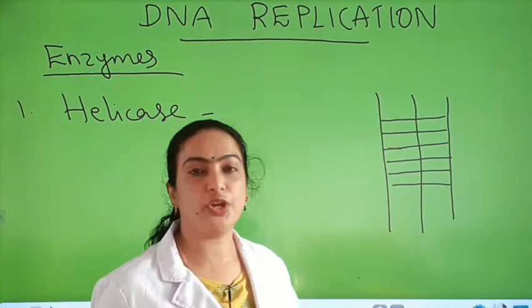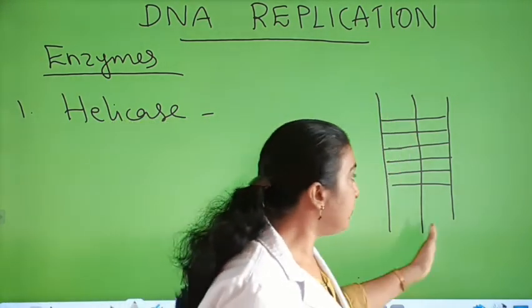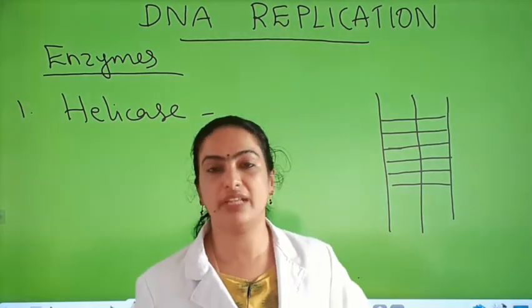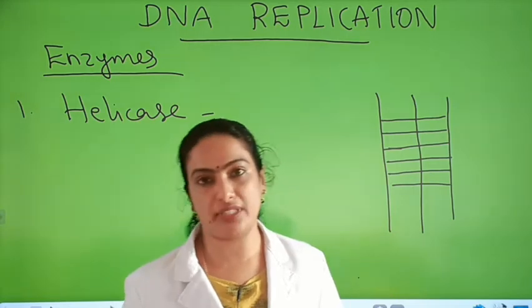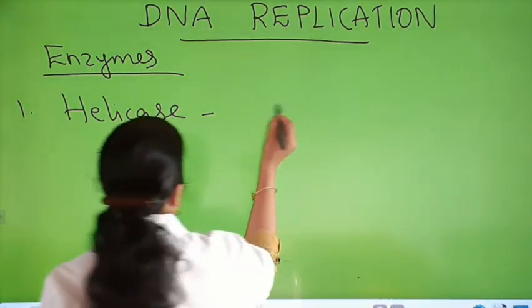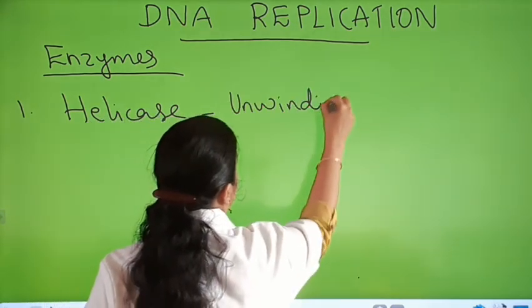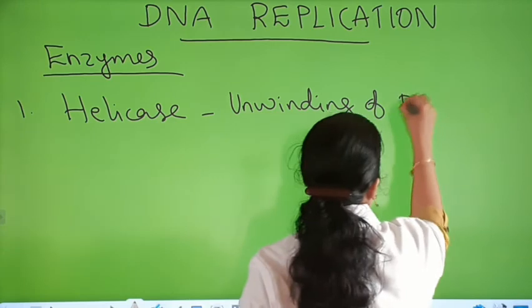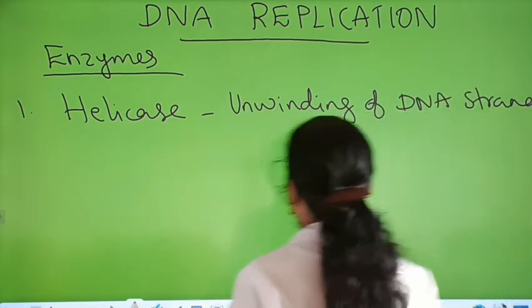For the unwinding of the two strands, helicase can break the hydrogen bonds between the nitrogen bases and the DNA strands get separated. So the function of helicase is unwinding of the DNA strand for replication.